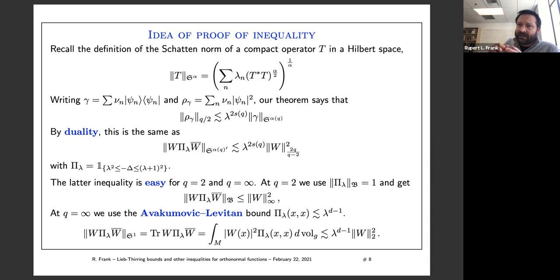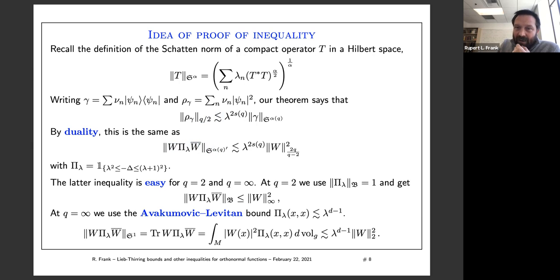So I like to write it as W squared. Then just by duality, there's really not much more to it. You build an operator W pi W. Of that operator, you compute the Schatten alpha prime norm. That's the dual of the Schatten alpha norm.